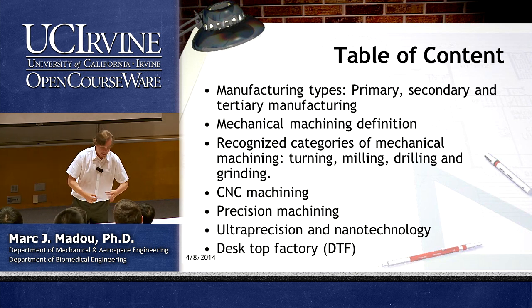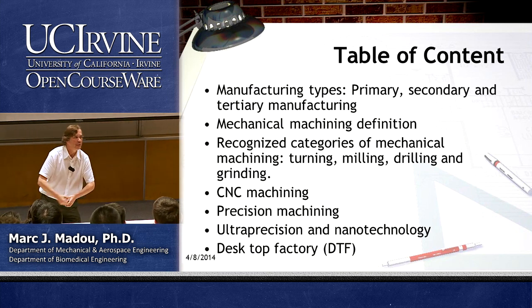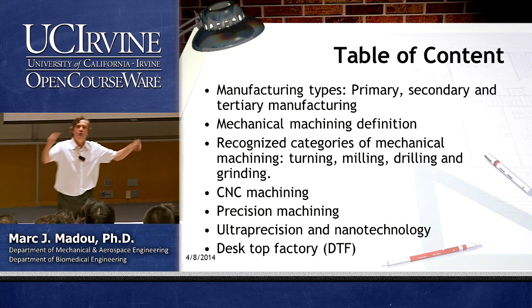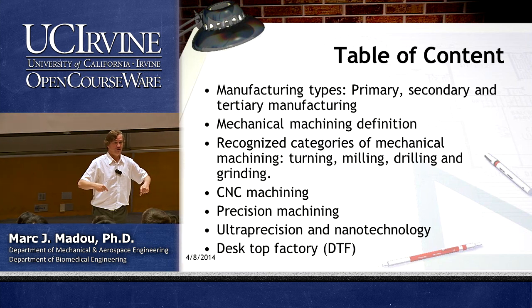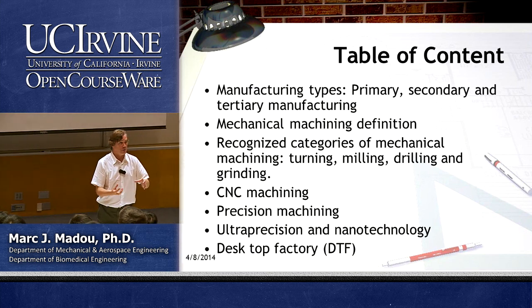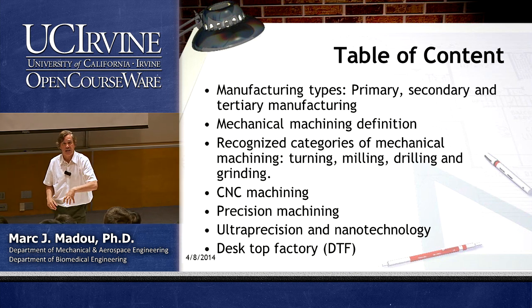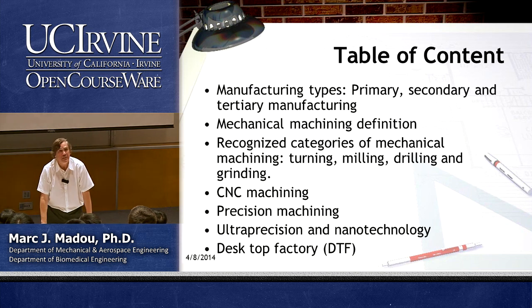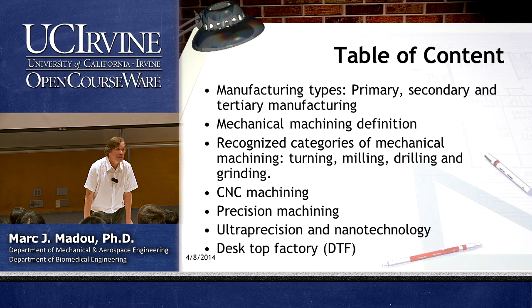Then that train goes on to another desktop factory where there's some gluing going on, etc. There were no humans in these desktop factories at all. So everything was done robotically, and the pieces were brought from station to station. I will give you some examples. There are some companies like Sankyo Seiki, Olympus, who have some of that equipment.